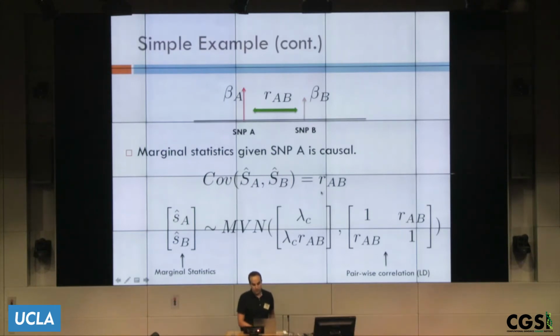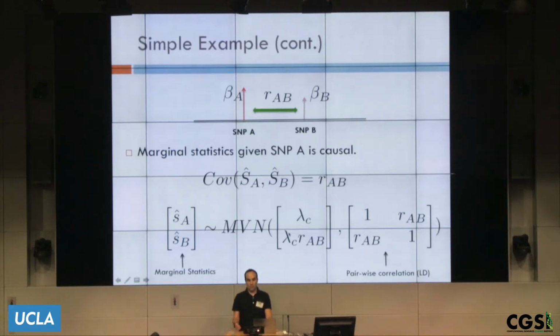So if you've got the situation where you have two SNPs, and let's say SNP A is the causal SNP, then the vector of SNP A and SNP B will follow a multivariate normal distribution, where this will be the non-centrality parameter corresponding to the causal SNP, but its neighbor will also have a non-centrality parameter, which is the same effect size at the SNP times the correlation.